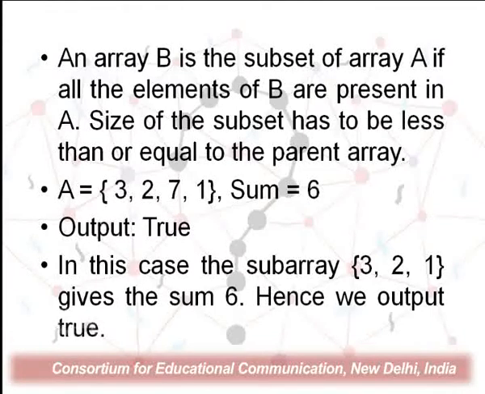Otherwise, false is returned if no subset present inside the parent set A has a sum equal to the given value. So if we are able to find the subset, the answer will be true. If we are not able to find that subset, the answer is going to be false.